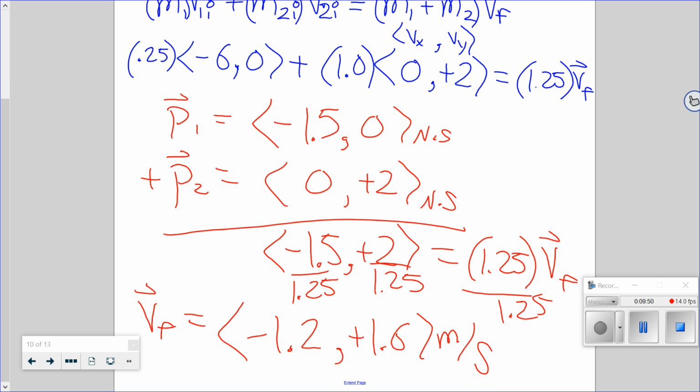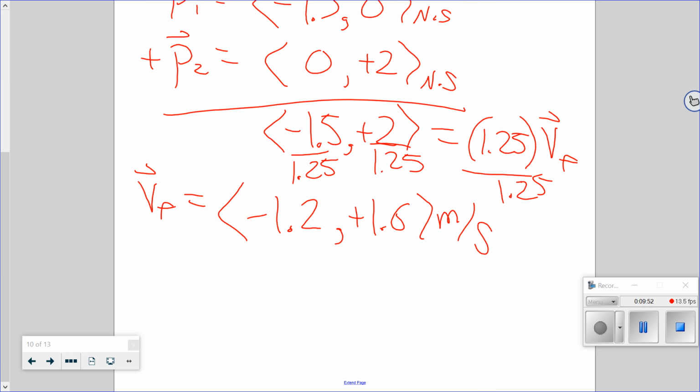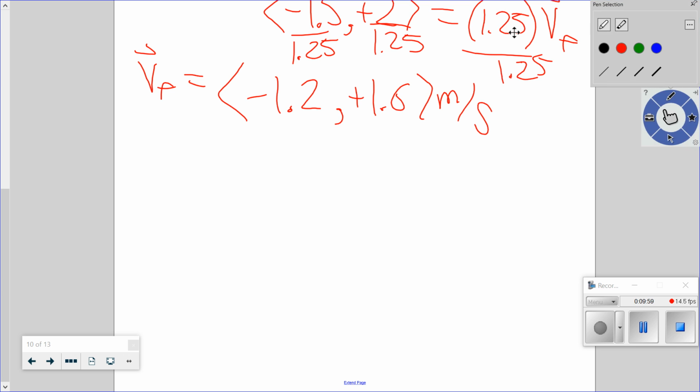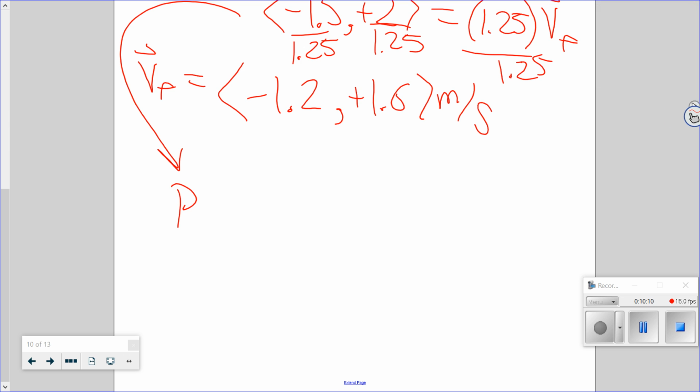There we go. Okay. So, let's see, negative 1.5 and 2. Oh, I want the top of the axis.